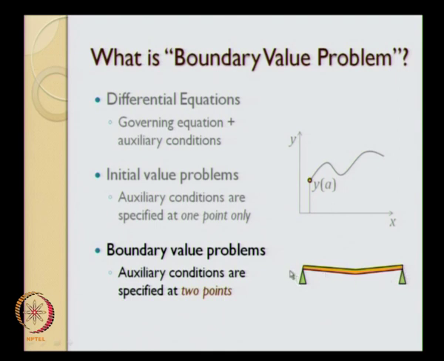But in general, boundary value problems consist of the governing equations, but the auxiliary conditions are specified at two different points and not at one single point. So the main difference between initial value problems and boundary value problems is that in initial value problems, the auxiliary condition is specified only at one point, whereas in the boundary value problem the auxiliary conditions will be specified at two points at least. So that is really the motivation behind the boundary value problems.